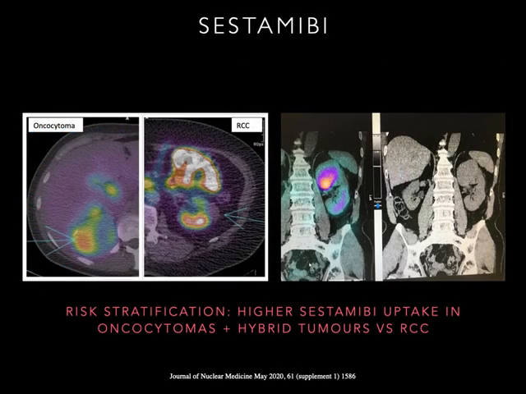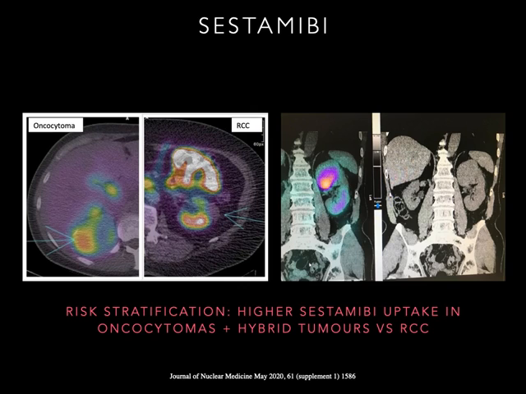Now, any more than that? Well, traditionally I've said the PET scan tends to be not very good at differentiating renal tumors. There have been lots of different tracers tried, and actually it doesn't do so well at differentiating benign from malignant or different tumor types.